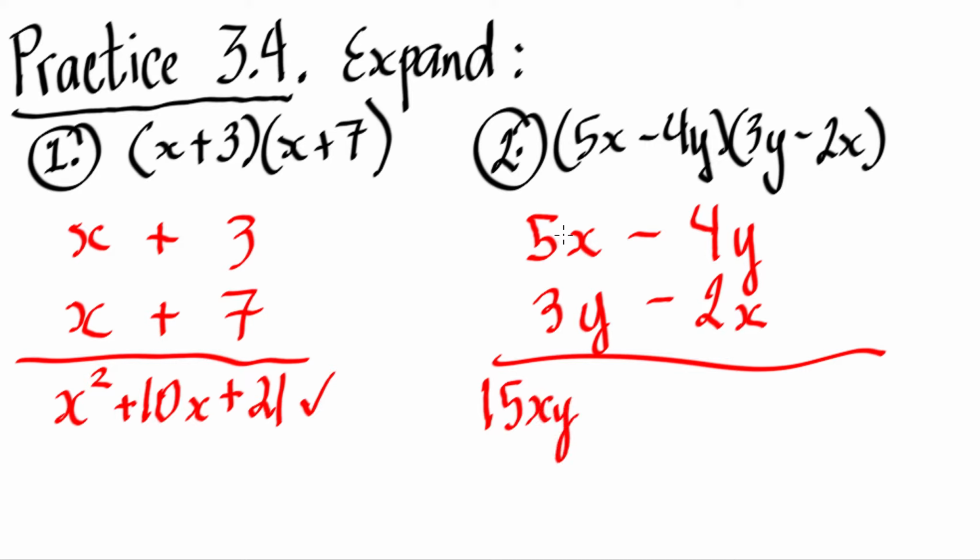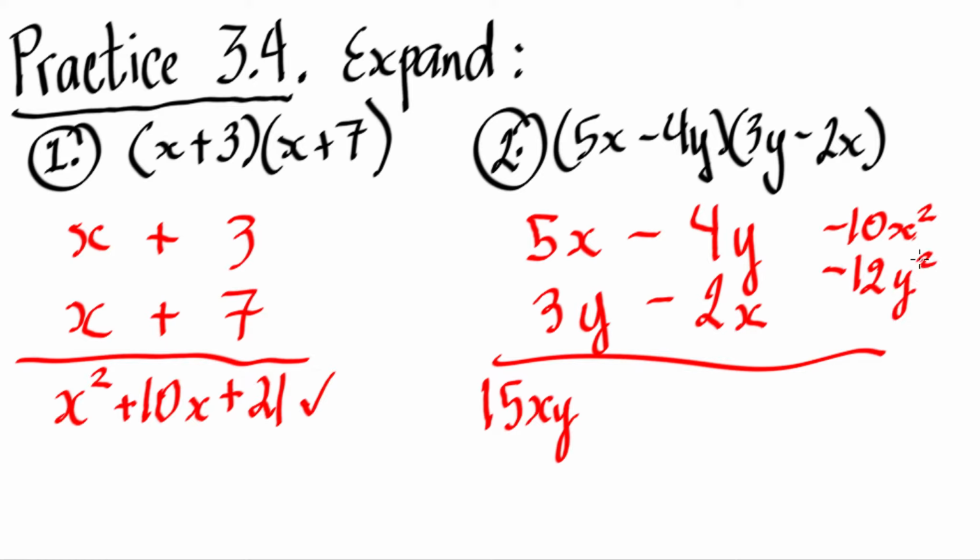Crosswise now, 5x times minus 2x is going to give us minus 10x squared. And then we have minus 4y times 3y, which is going to give us minus 12y squared.